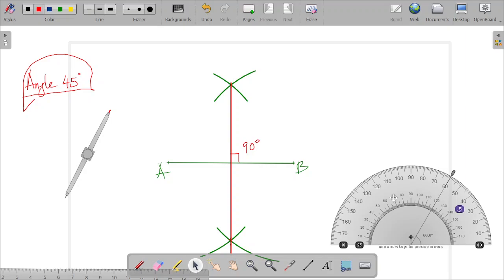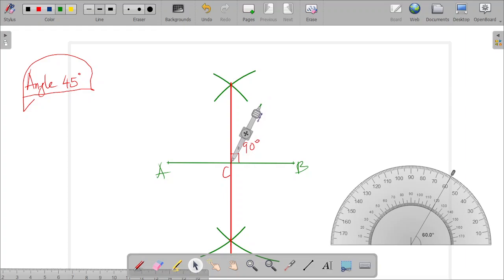Now what I'm going to do is, let's call this center point C, the center here. All right, that's point C. Then I'm going to put my compass on that center, that's point C. Then you can reduce the compass length, the radius.